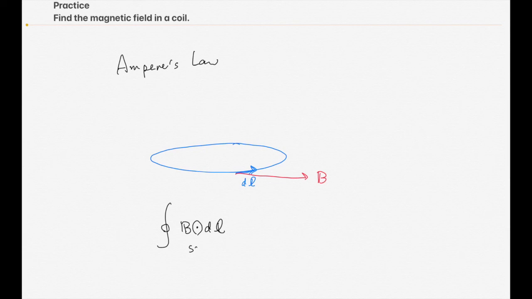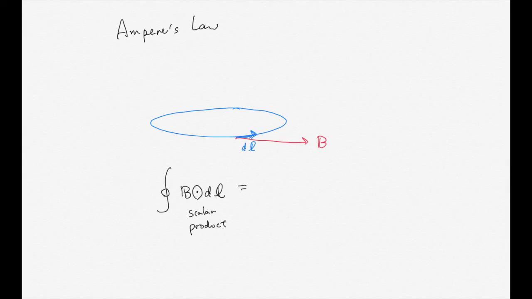This is a scalar product, and this circle means closed path. Then this is equal to the current passing through these regions.